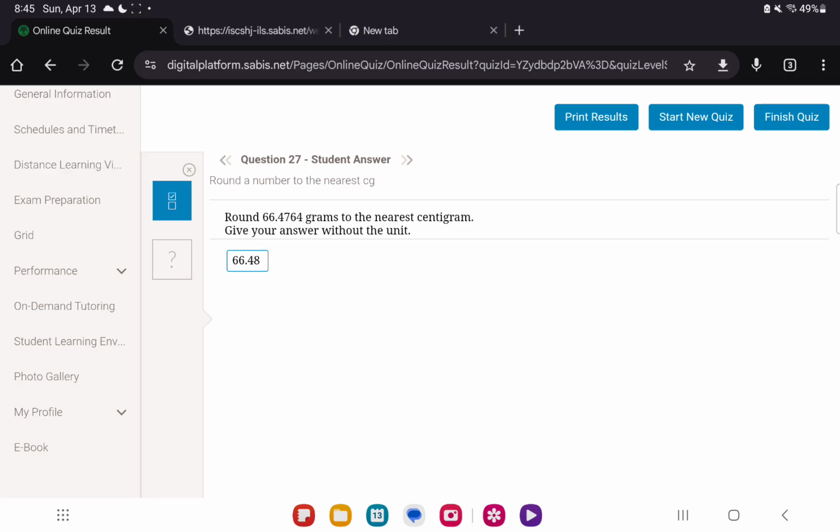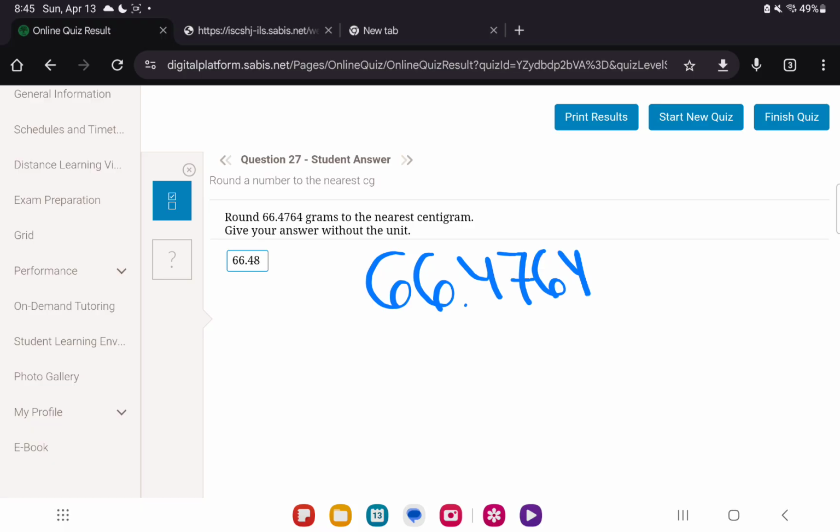Now for this question, they're telling us to round to the nearest centigram, okay? Let me write it first, 66.4764. Nearest centigram is two digits after the decimal point, okay?